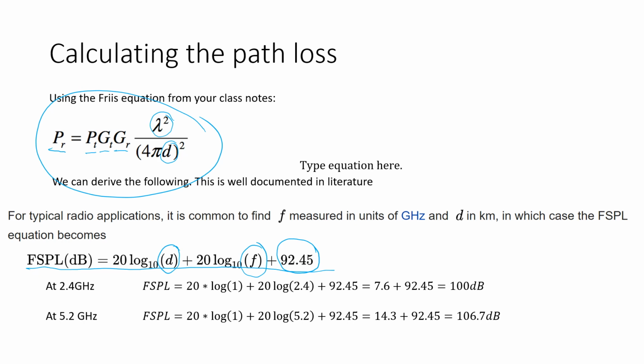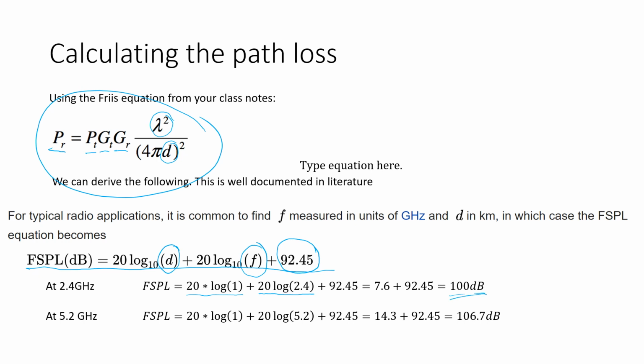So what I've done here is just to do the calculation for you. Probably it will be good for you to do this yourself, but I've substituted the values that we know. The first part of the equation is 20 times log of 1, where 1 is the distance in kilometers. Then I've assumed in the first case we're going to do a link at 2.4 gigs, and that gives us 100 dBs path loss.